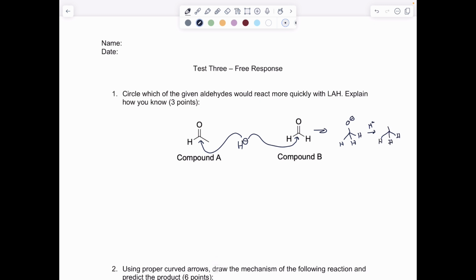So with an acid workup, this one would be methanol, and over here we would get ethanol.